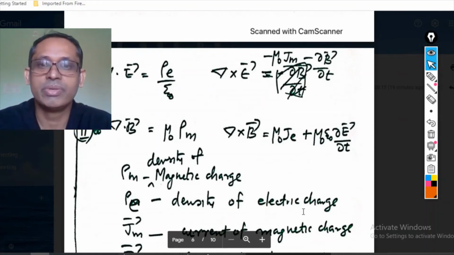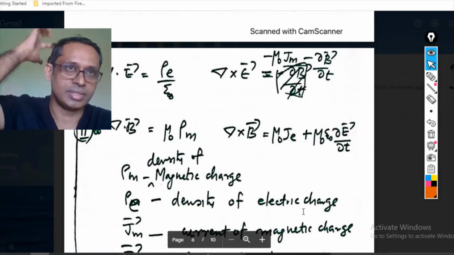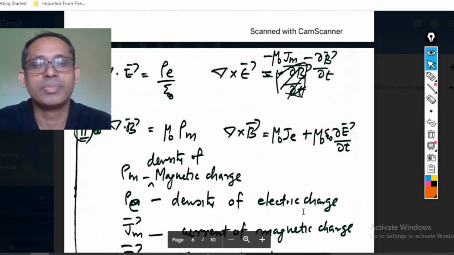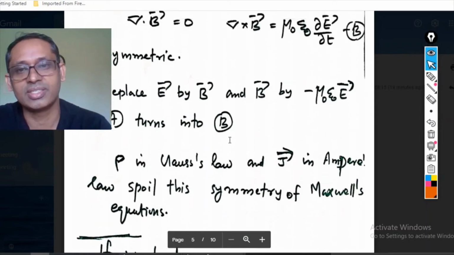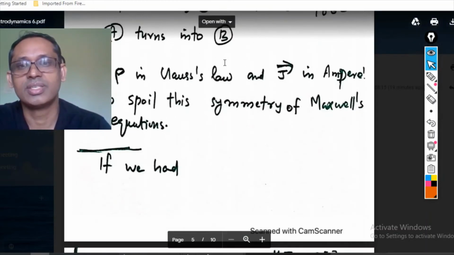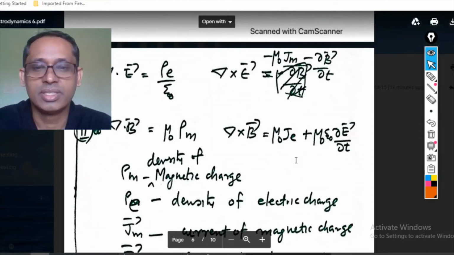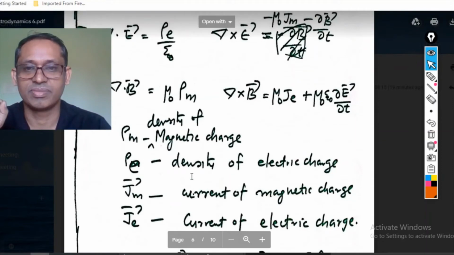So the Maxwell's equations in the presence of a charge or current in a material will be symmetric. This is a special case in free space. In general, the Maxwell's equations will be symmetric if we had magnetic charge.